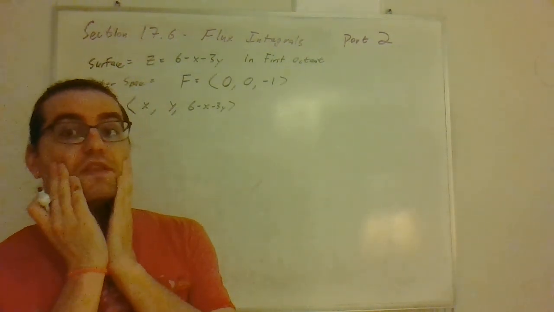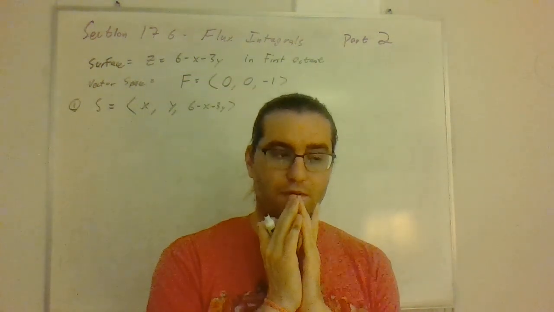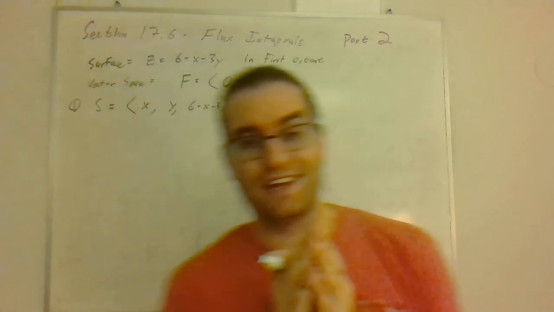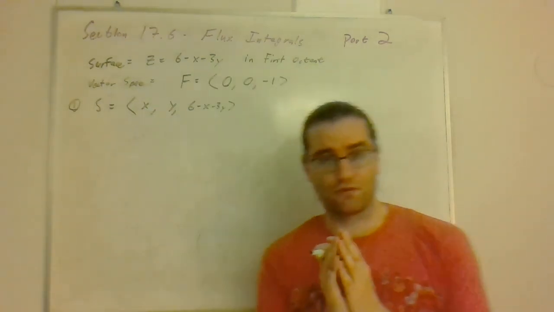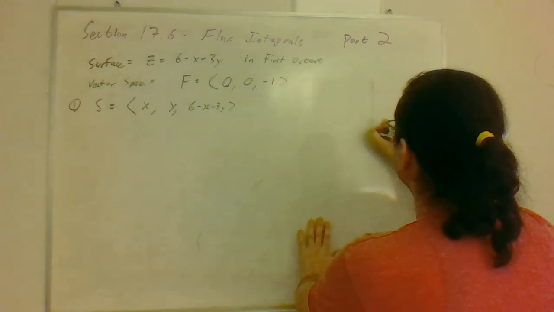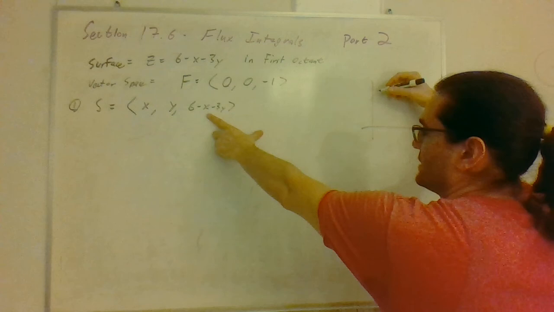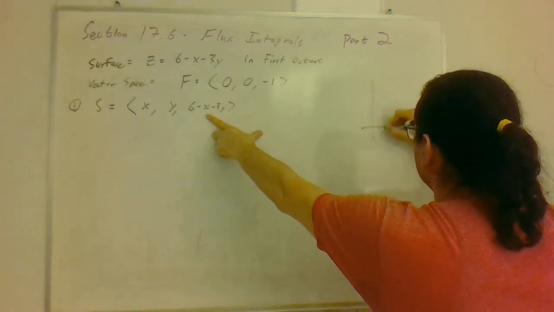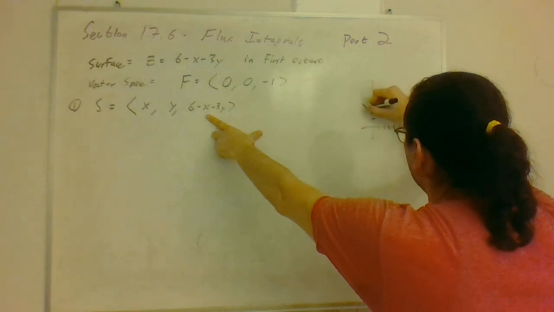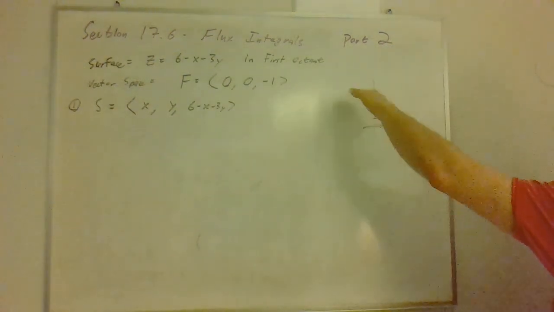The bounds on this one are going to get a little bit weird because one of the bounds isn't a constant. One of the bounds is sort of like a diagonal line. If you imagine this thing, this has an x-intercept of 6, has a y-intercept of 2. So the bounds on this are going to be this diagonal line.